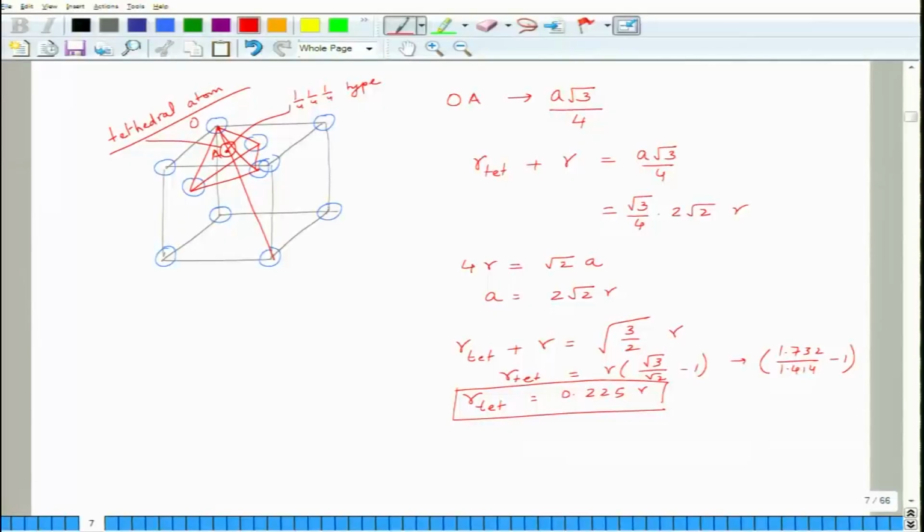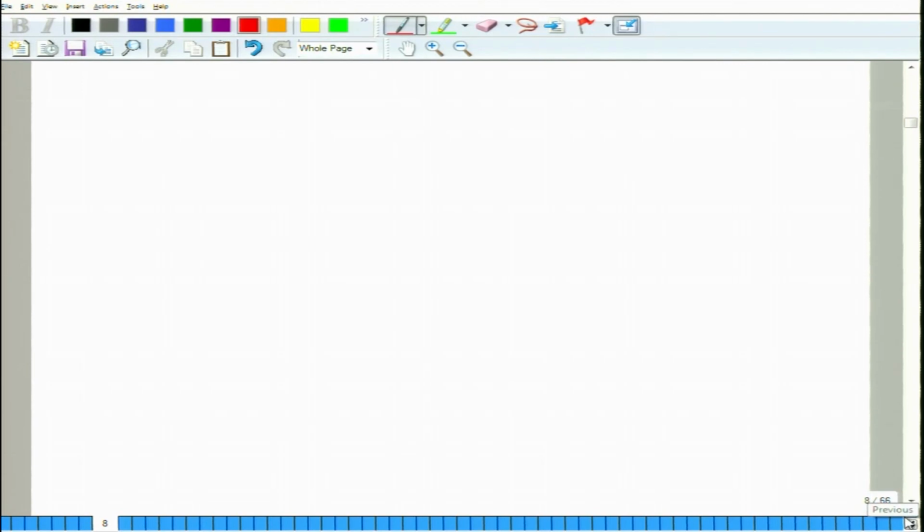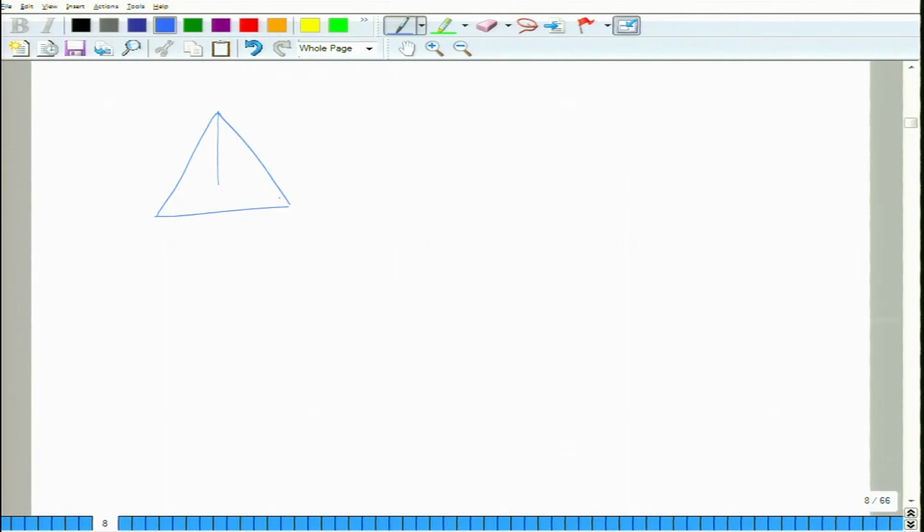Similarly, you can also do the tetrahedral void calculation just by drawing a tetrahedra. If you make a simple picture of a tetrahedra, the atom will fit somewhere here at the center of the tetrahedra, and these are all touching atoms. Just like you did the calculation for C by A, where we worked out two distances CV and CF, you just have to work out this distance from center to center.